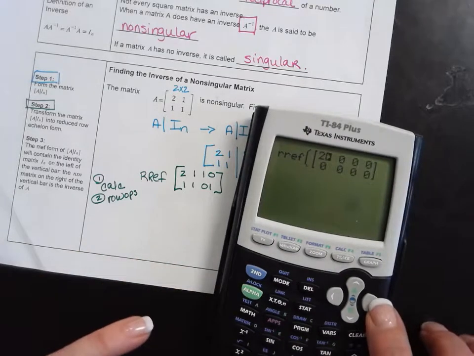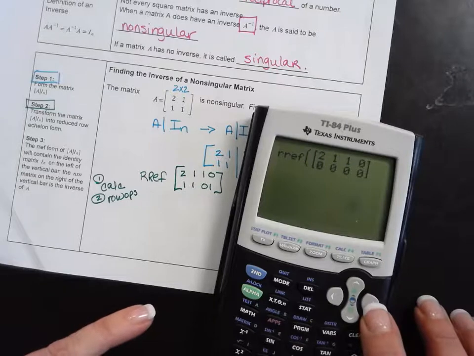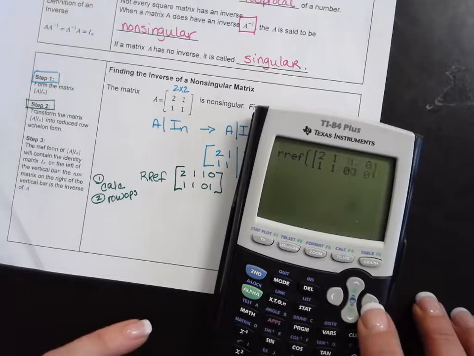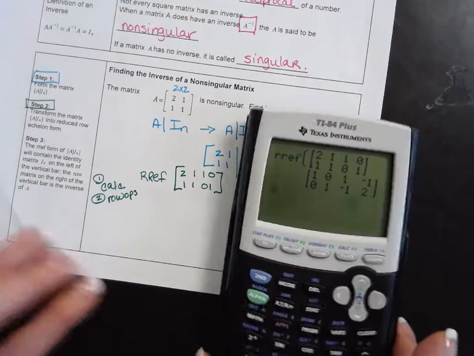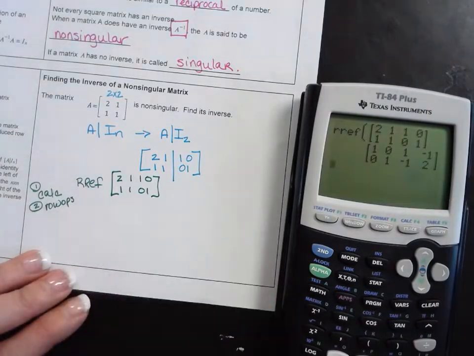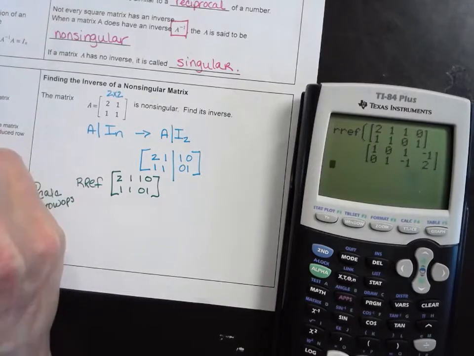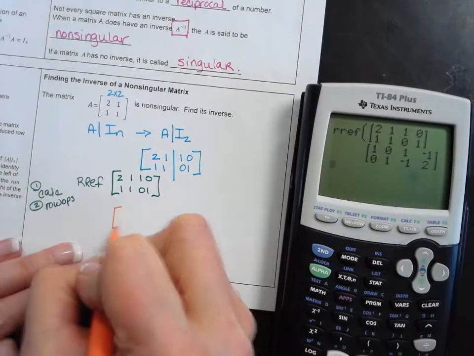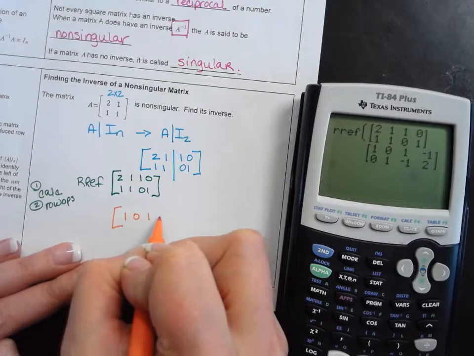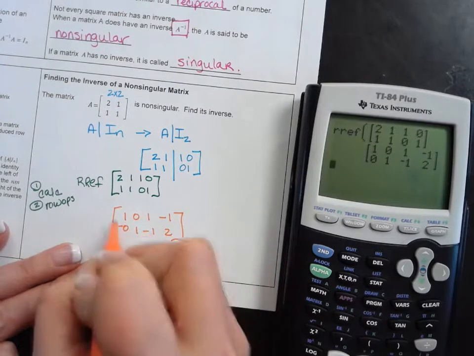And so I put that in there. And I get step 3, which is 1, 0, 1, negative 1, and 0, 1, negative 1, 2.